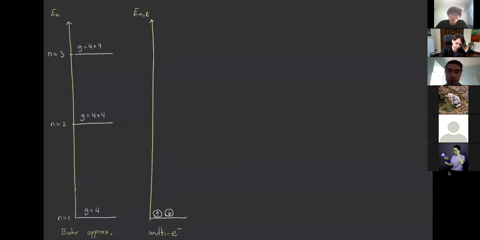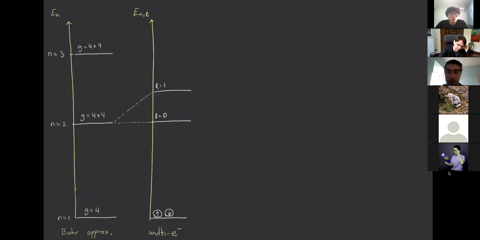Now, what happens to the n = 2 level? For n = 2, you can have 2 orbital angular momenta, L = 0 or L = 1. For this situation, we get a splitting of the 2 possibilities for the orbital angular momentum.